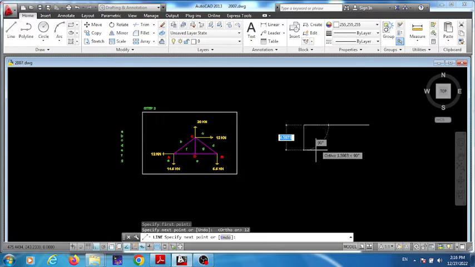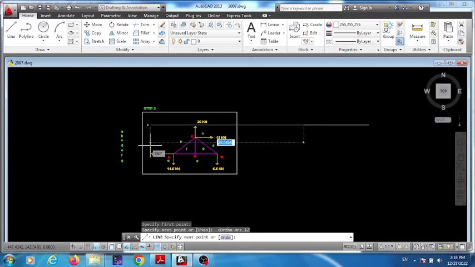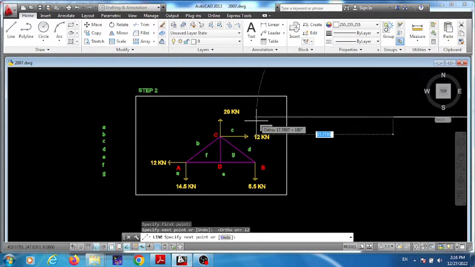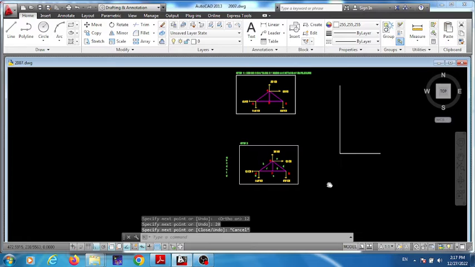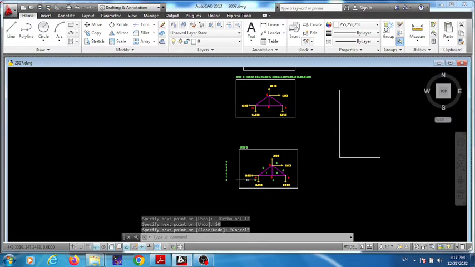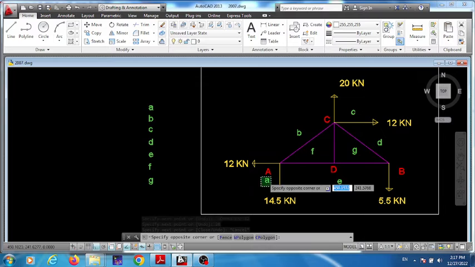Okay, now between B and C there is a 20 kilonewton load, so we'll draw a 20 unit line. I will give the names.